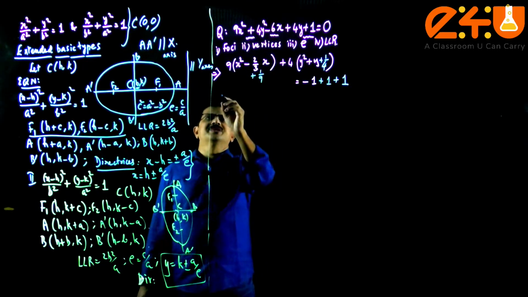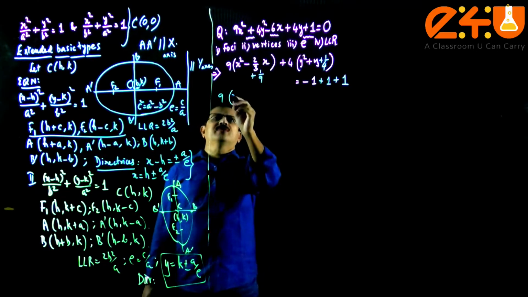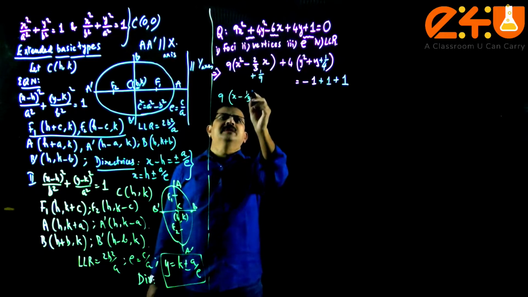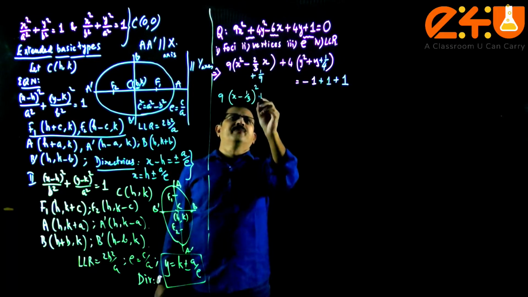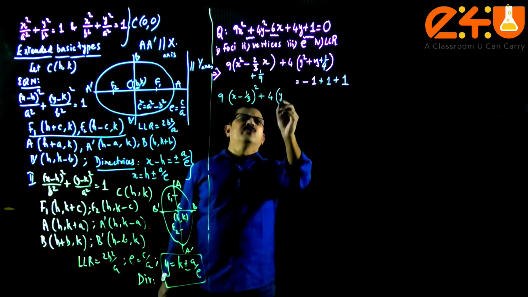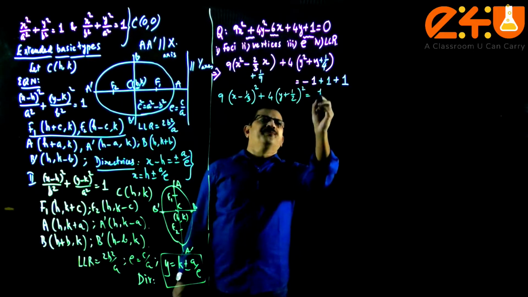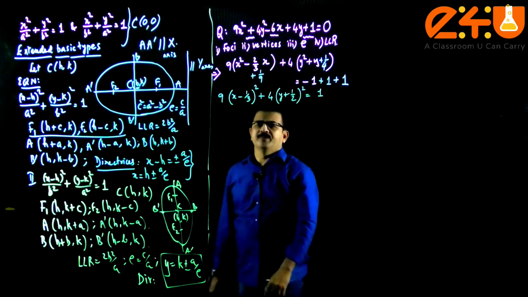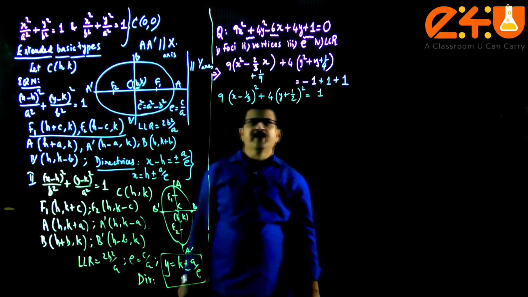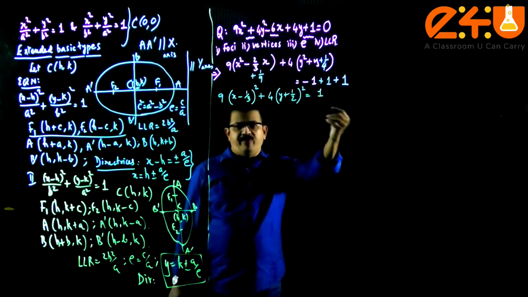So what I got is 9(x − 1/3)² + 4(y + 1/2)², and the RHS is already 1.